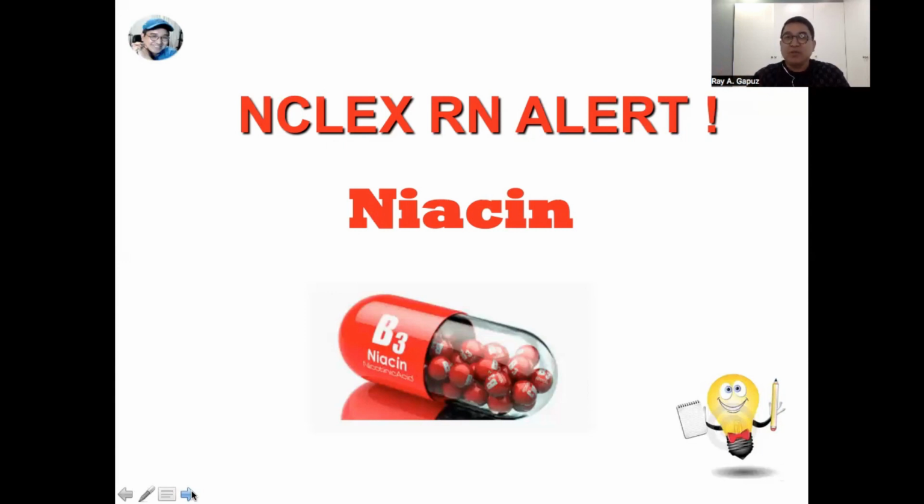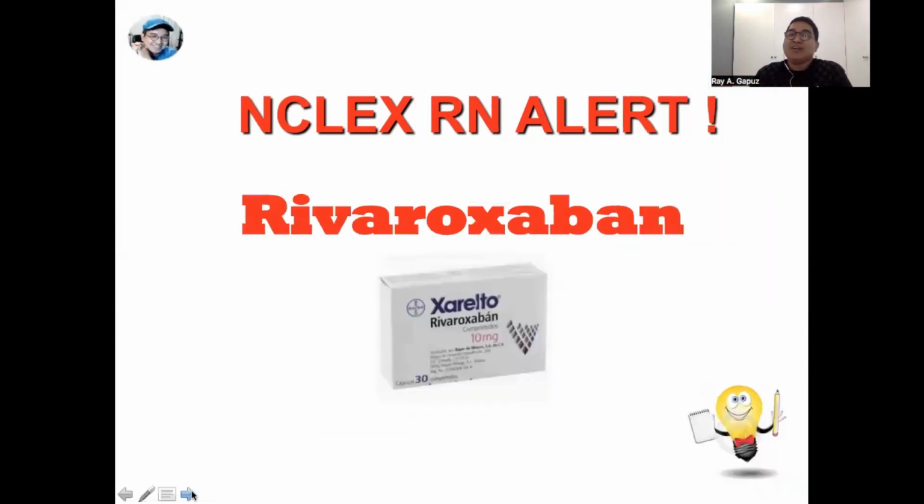So we need to tell them to dangle their legs first before trying to stand up from a lying down or a sitting position. And of course, you have your rivaroxaban. Okay. Now, this is your Xarelto. It's an anticoagulant. It's given in patients with deep vein thrombosis or pulmonary embolism. Now, take note.